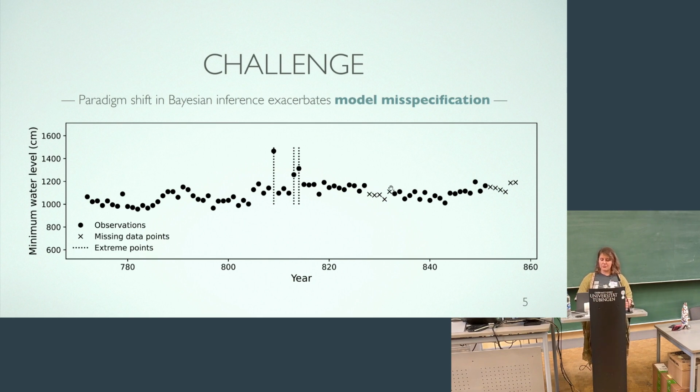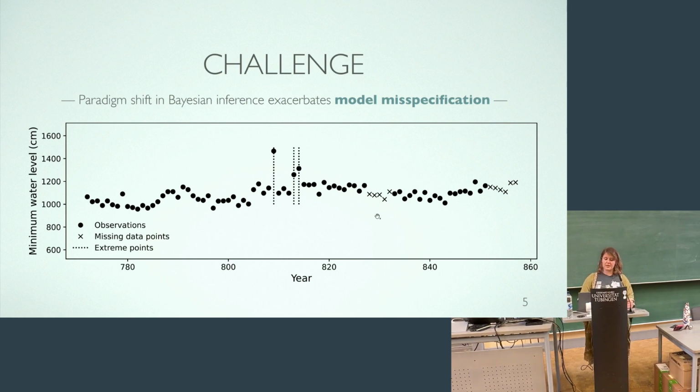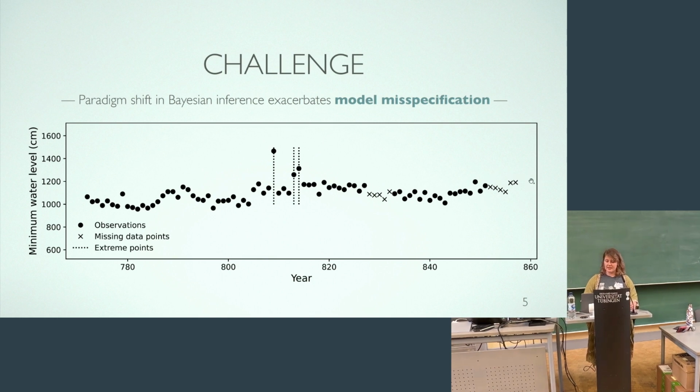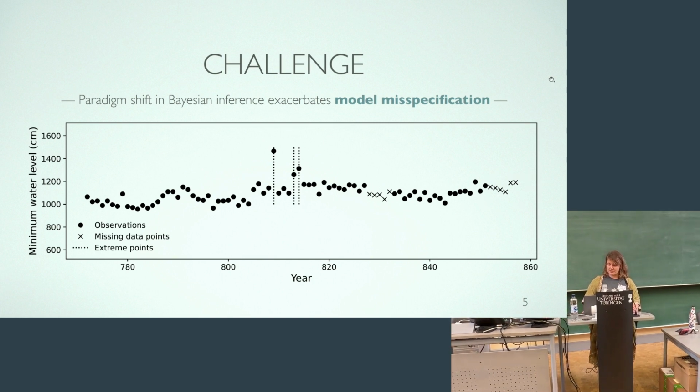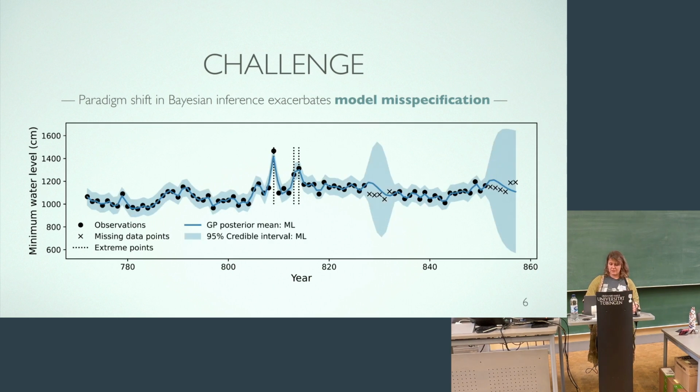To demonstrate what happens when we fit a standard GP with additive Gaussian noise to the data set, we removed a few data points here in the middle and the end. And we'll see what the estimated amplitude parameter of the kernel looks like.